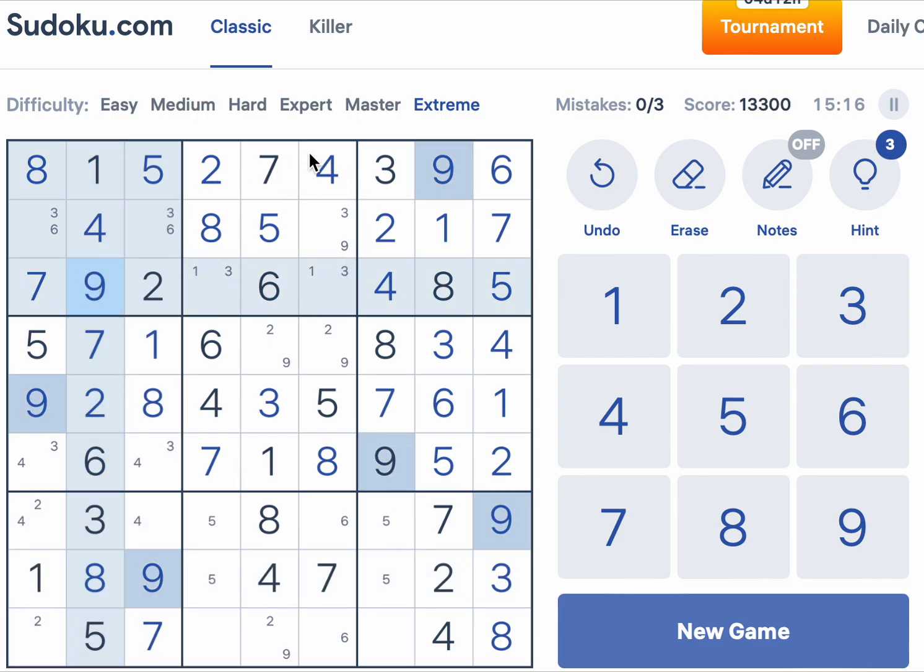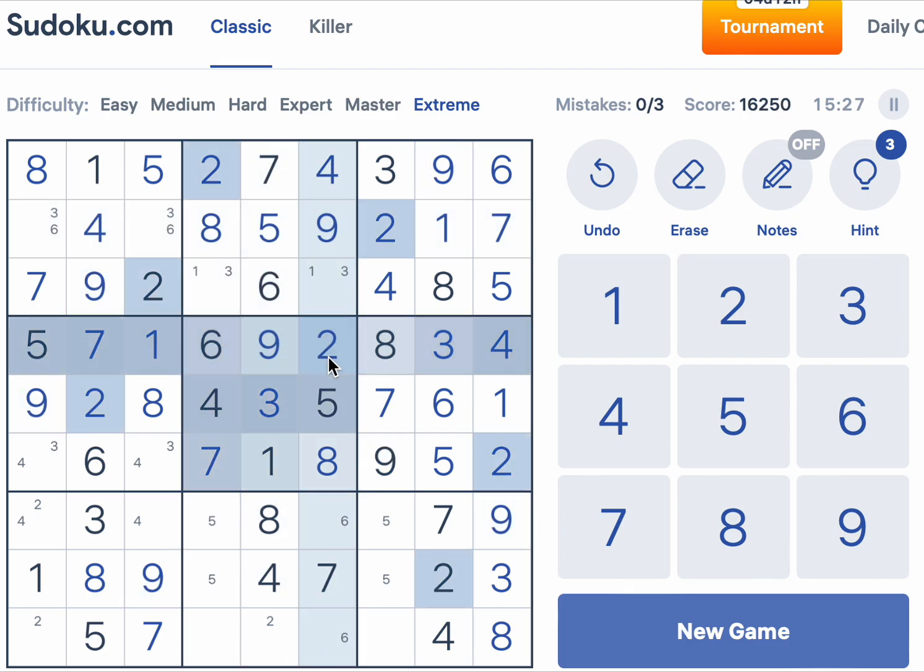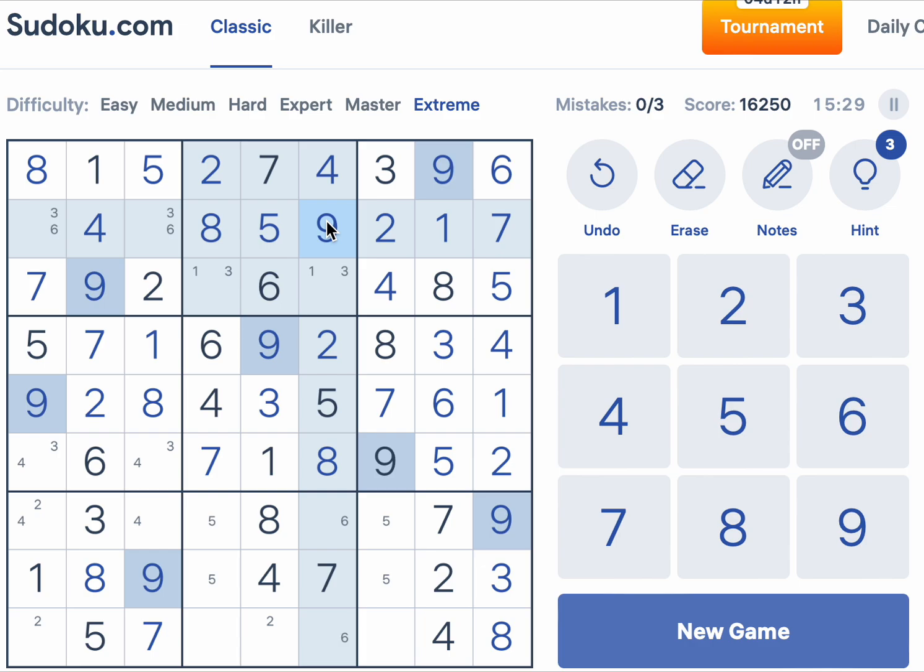As a result, for this block, with this 2 row having 9 already, this one must be 9. And for this block, this one is 9. As a result, this is 2. And for this block, with this 2 column and this 2 row having 9, this cell must be 9. Now we have solved all the 9s.